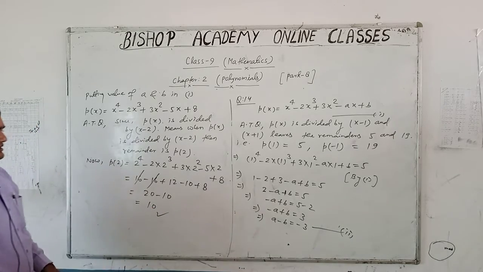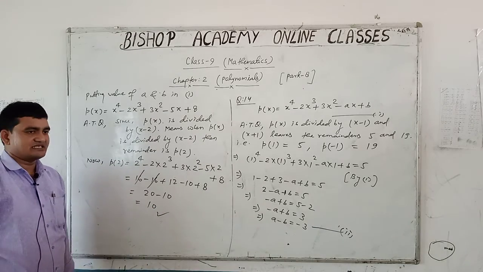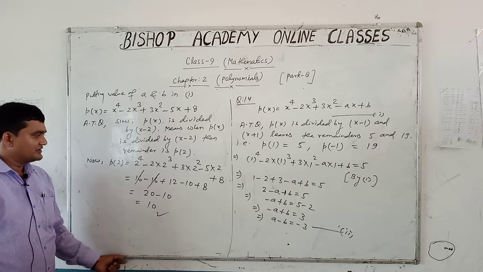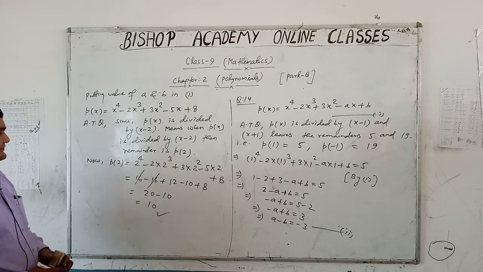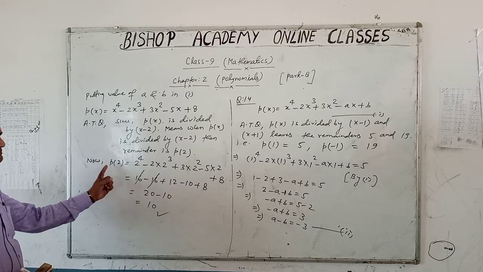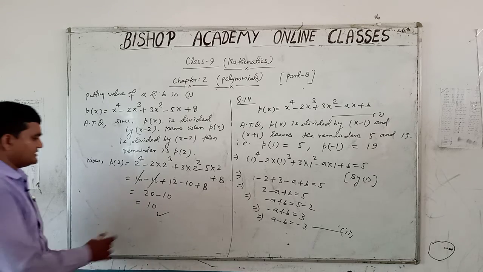Means when this p(x) is divided by x minus 2 then remainder is p2 and p2 is equal to 10.